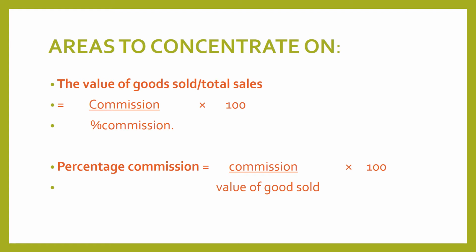So you'll be interchanging these two, then you multiply by 100. Very easy. Just know that you're multiplying by 100 and it is commission over either percentage commission or the value of goods sold. I want you to understand these two formulas, and then let's see how we can use them in the examples that I've prepared for you.